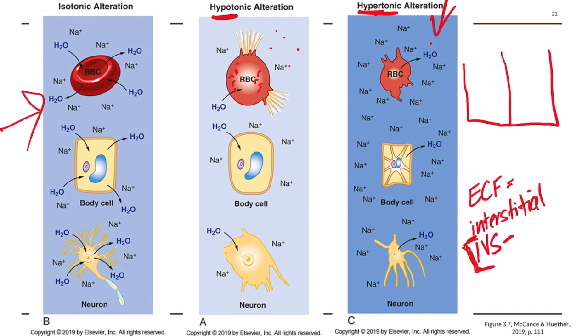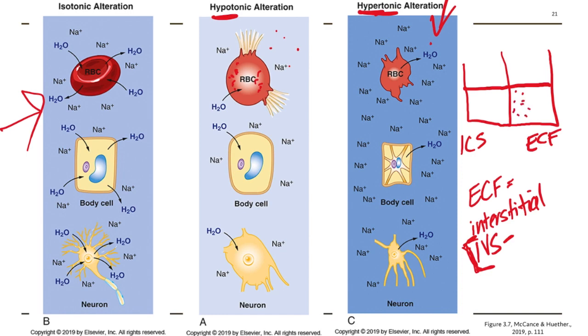So again, we start with the same amount of fluid in each space. Remember, this is your intracellular space here, and this is your extracellular fluid compartment here. Now this is hypertonic.